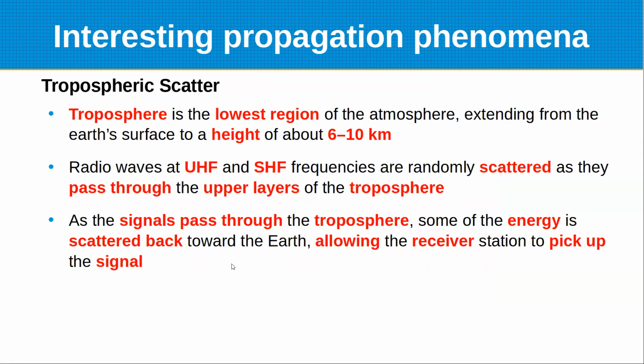And we have tropospheric scatter. Okay. The troposphere is below the ionosphere. And it can also scatter as opposed to refract waves. And again, it's sporadic.